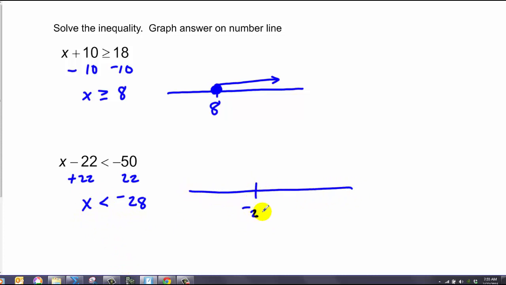Here's my negative 28, and I just want to show the numbers that are less than negative 28, so not including it. If I don't want to include it, instead of a closed circle, I draw an open circle at the negative 28, and I draw all the numbers that are less than that. So those are the numbers going to the left. But again, the distinction is equal to as a filled-in circle, not equal to as an open circle.